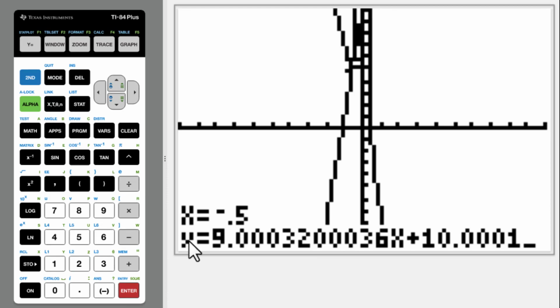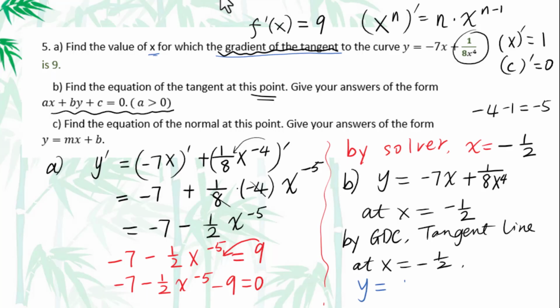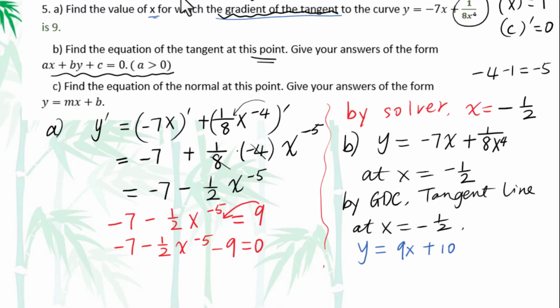The equation of a tangent line at x equals -1/2 is y equals 9x plus 10. Since we need this form, make sure the coefficient of x is positive. 9x is already positive.